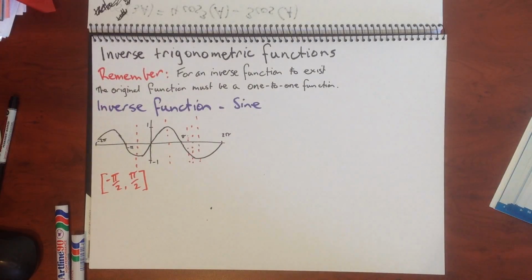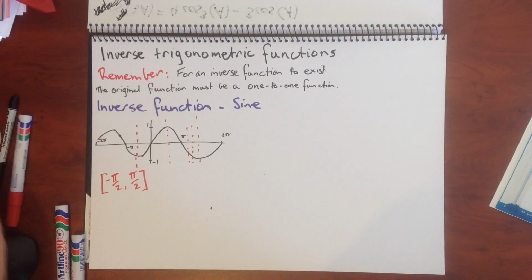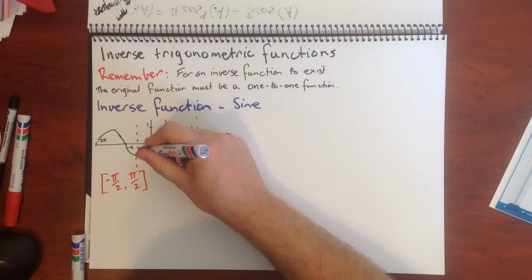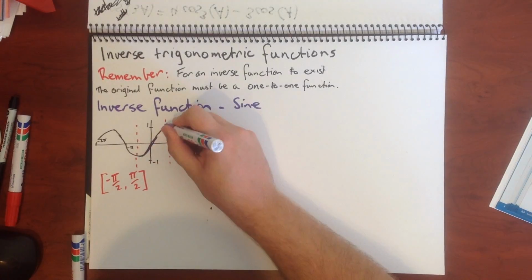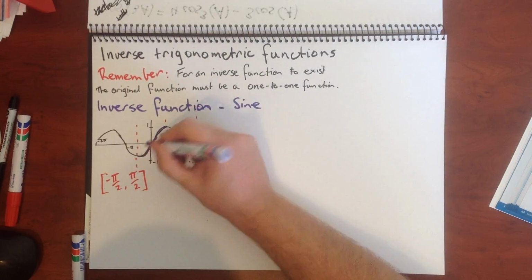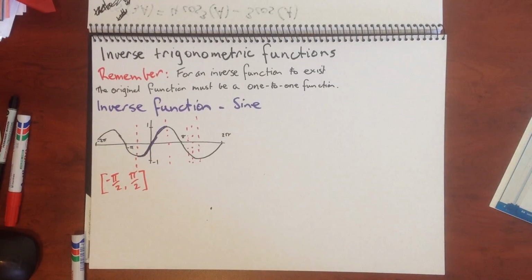When we look at that, we can see that it is now one-to-one. This purple region here is our one-to-one region.